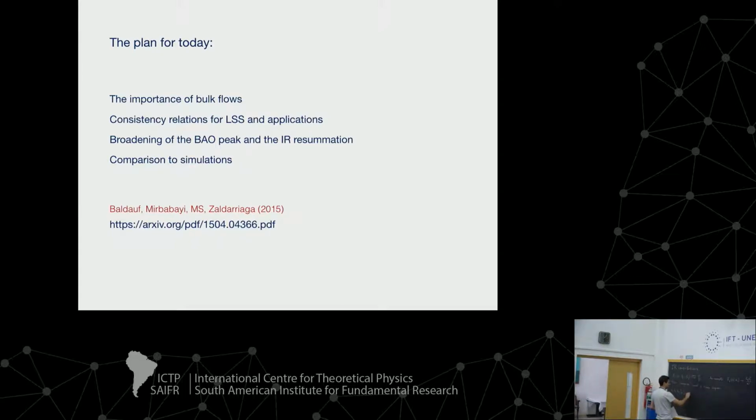So there is (2 pi)^3 Dirac delta of k1 plus k2 plus k3. And then there is some function B of the 3 momenta, k1, k2, k3. And we call this the bispectrum.